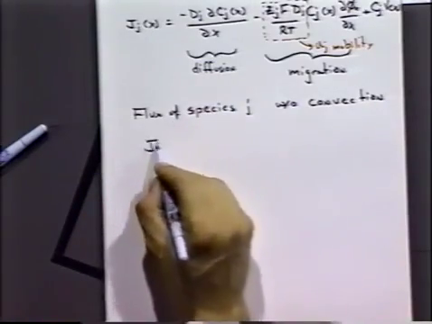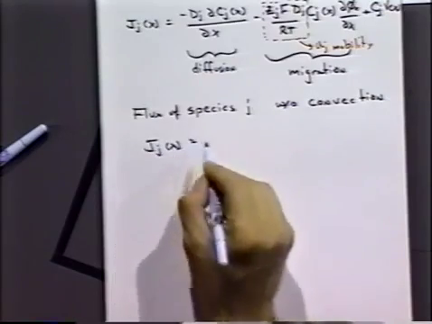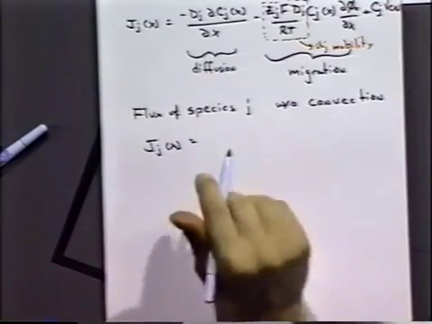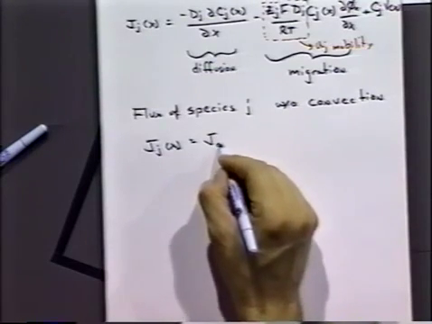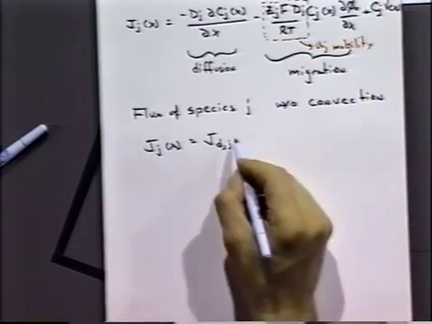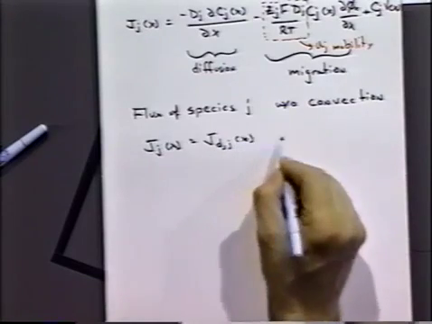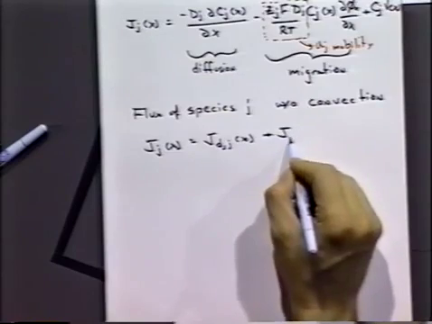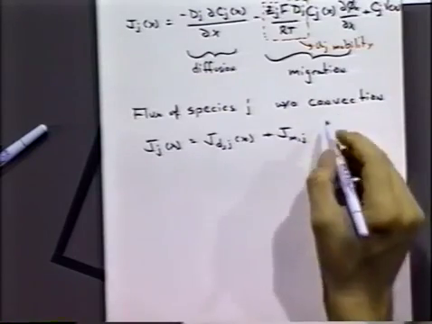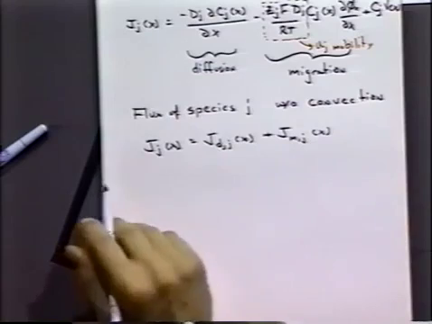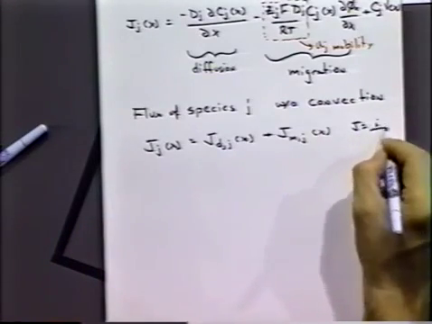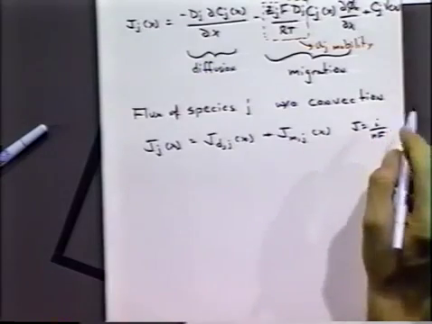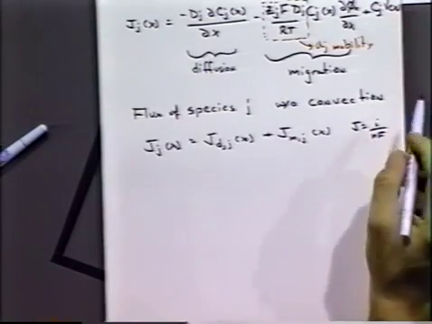The flux of species J in the x direction is going to be composed of two components now, since we have only diffusion and migration. So it'll be a diffusional component for the flux of J in the x direction plus a migrational component of species J in the x direction. And the flux J is proportional or equal to the current over nF, in this particular case, nFA actually, usually.